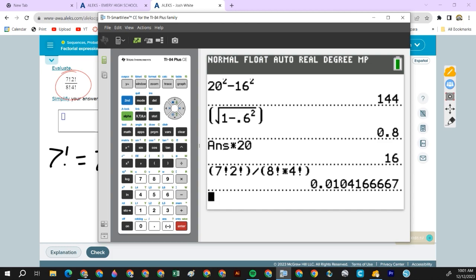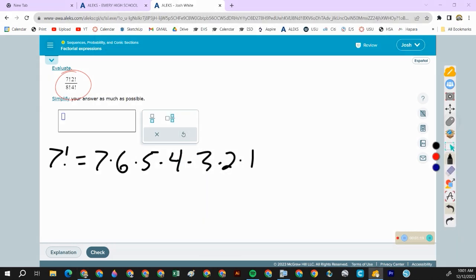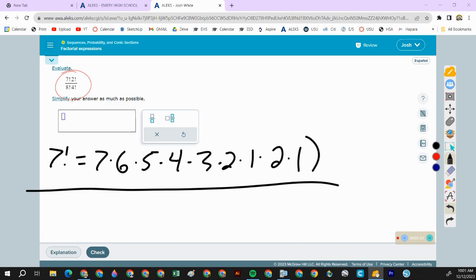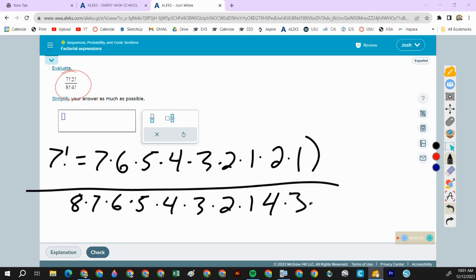We could just write it all out. So 2 times 1, 8 times 7 times 6 times 5 times 4 times 3 times 2 times 1, and 4 times 3 times 2 times 1. And I lined these up specifically so that I could cancel things.